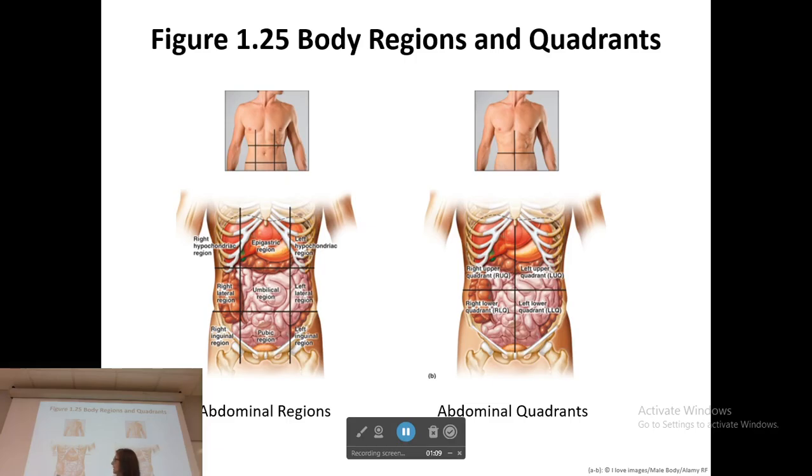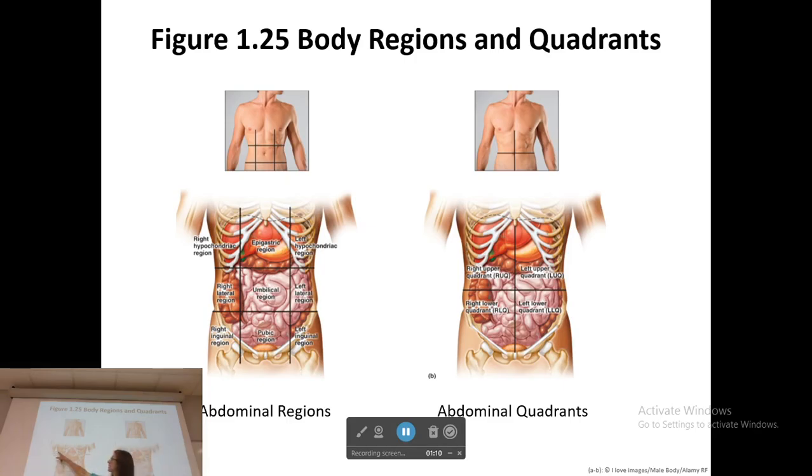Then we have the inguinal regions. Here are your hip bones, these are your ilia, so the inguinal is referring to the ilia. They're on the right and left sides.